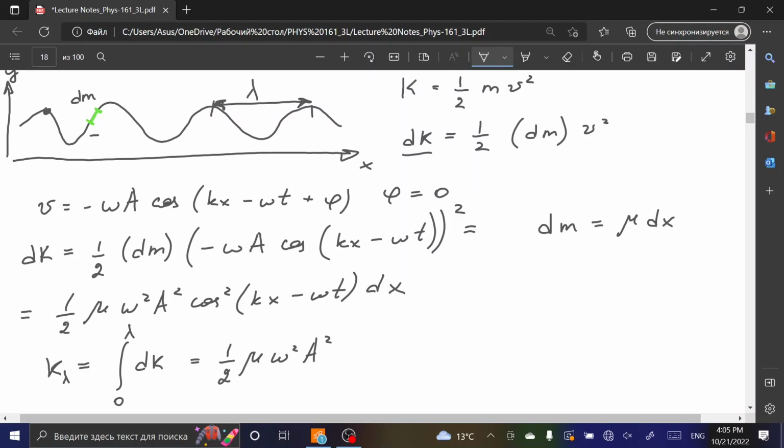Another thing I forgot: we need to specify a moment of time, let's say t equals 0.